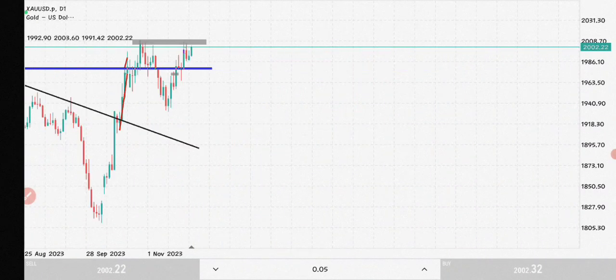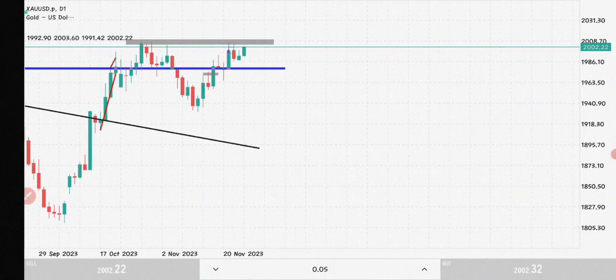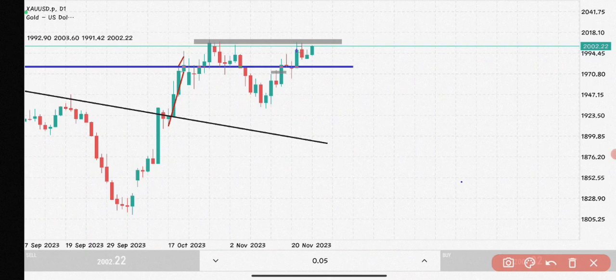So we are now expecting that the market should drop in the coming days, and for us to view that very well, we're expecting that it should break these zones, these demand zones, and points of rejection of the market. Throughout next week, I would be looking for selling opportunities in the gold market.